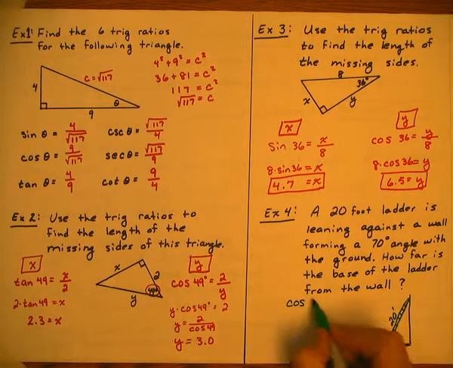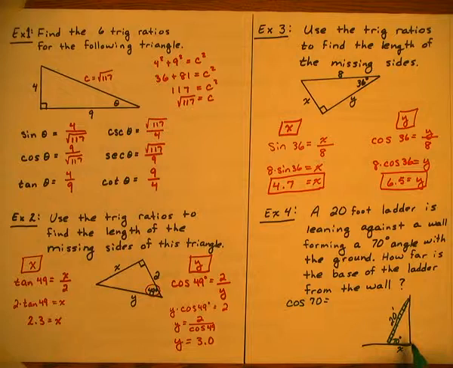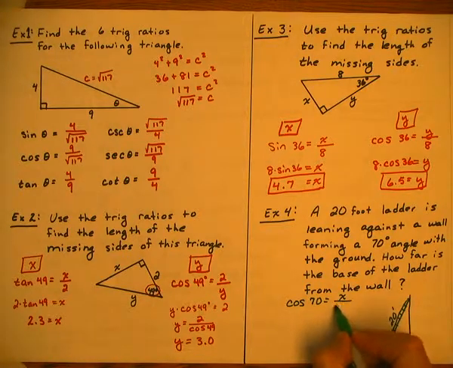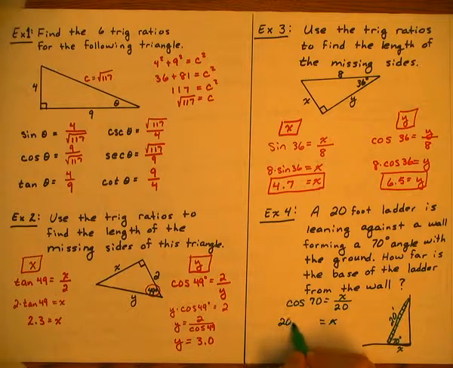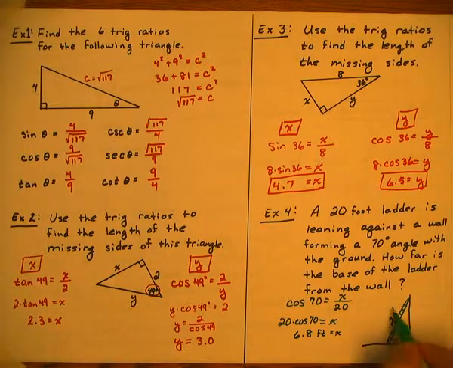And the angle that we're using is 70 degrees. So adjacent over hypotenuse. Solving will give you 20 times the cosine of 70. And 20 times the cosine of 70 is 6.8, and this measurement is measured in feet.